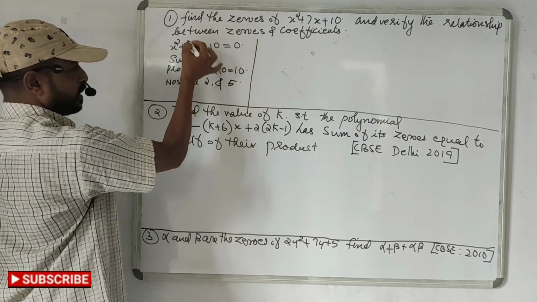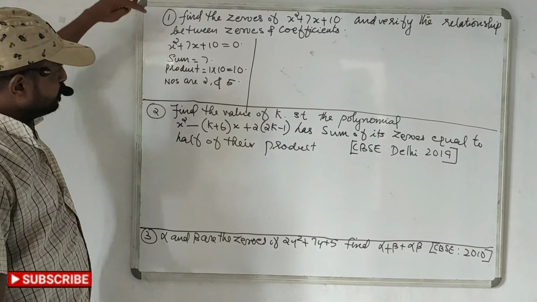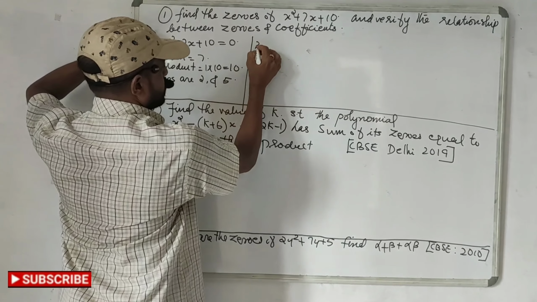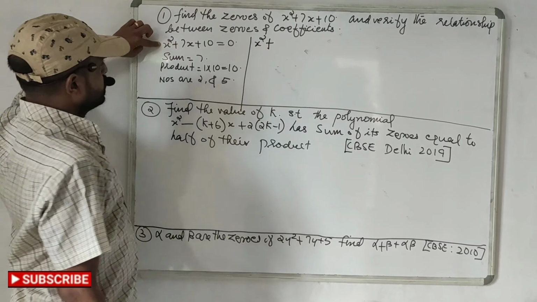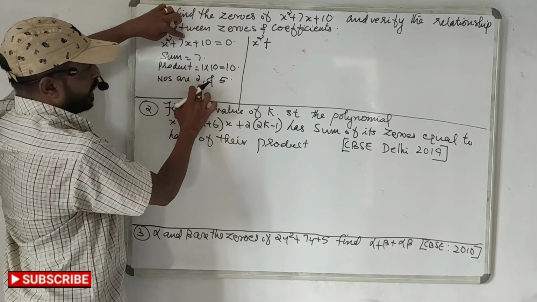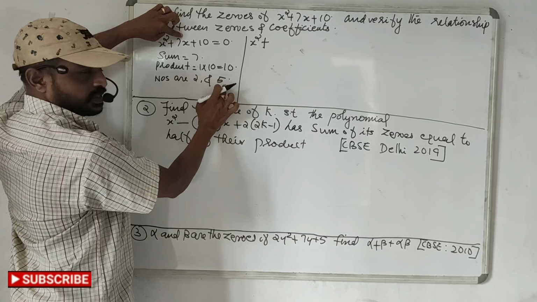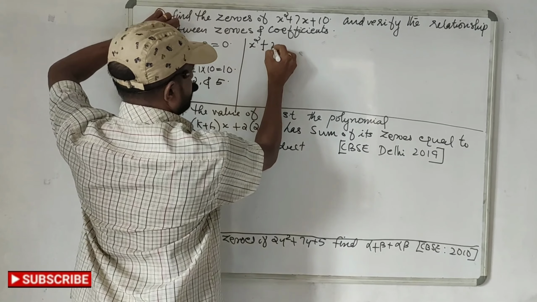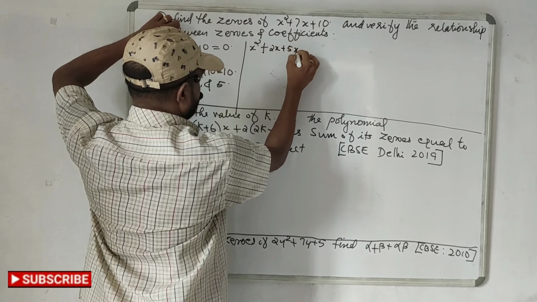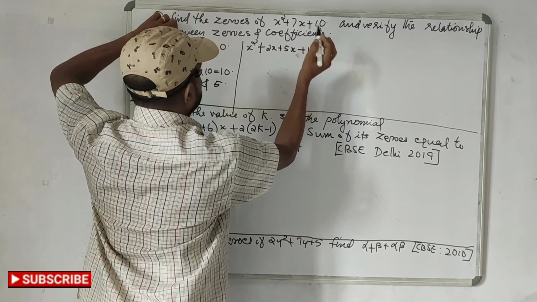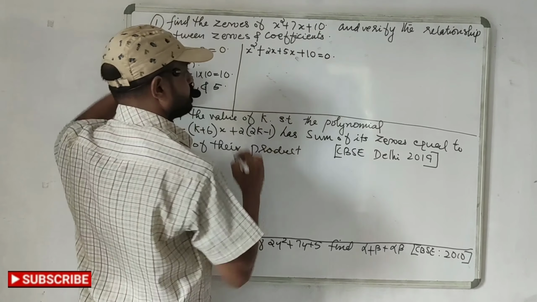So we will have to split the middle term. 7x is to be written as 2x plus 5x. x square plus 2x plus 5x plus 10 equal to 0.